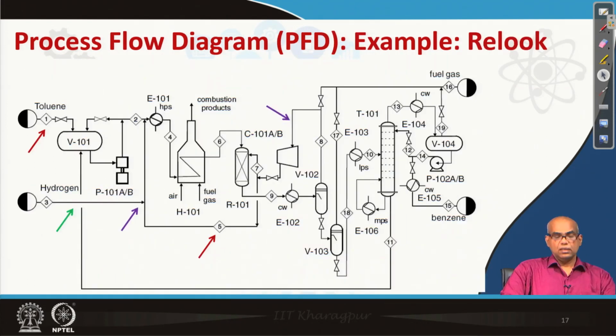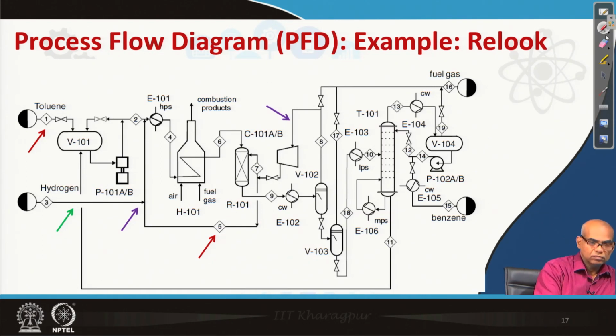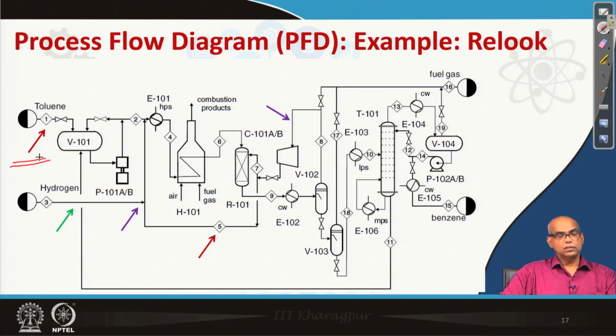Look again at the same benzene production process flow diagram. Look at the diamond symbol. It contains number 1, which is basically for toluene.